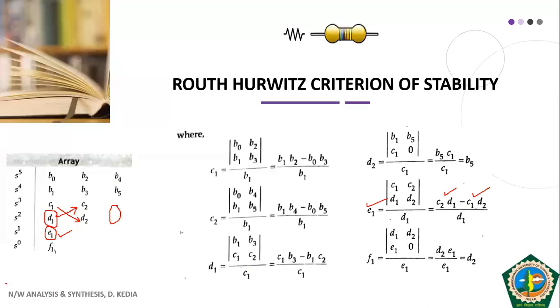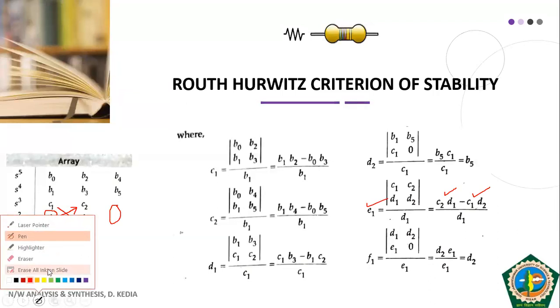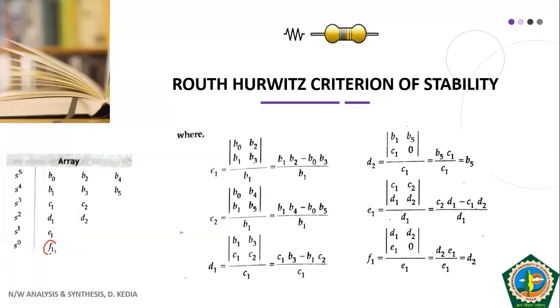Okay. Now let us calculate F1. In order to calculate F1, it will be E1 D2 minus D1 into 0. So that term will become 0. So E1 D2 divided by E1, that is your F1, which is nothing but your D2.